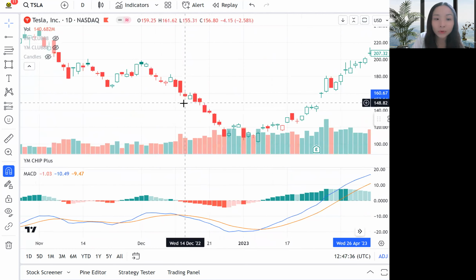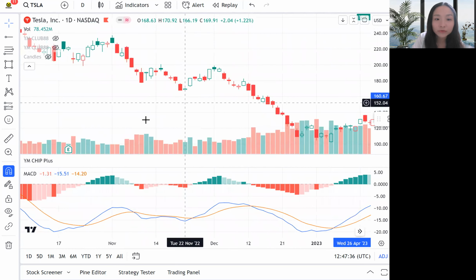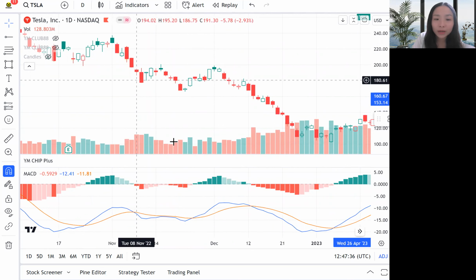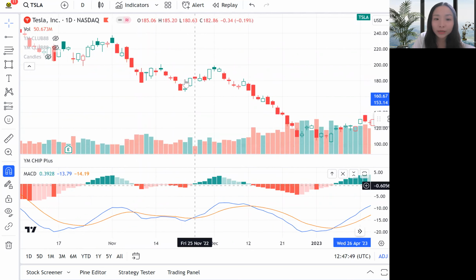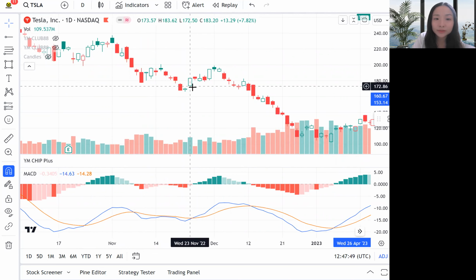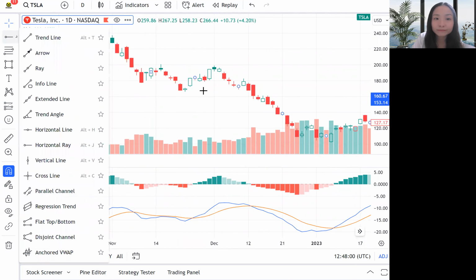So for example here, let's say you thought, oh, the red bar happened, the green bar here. So you buy when they go above this green line, this candle.